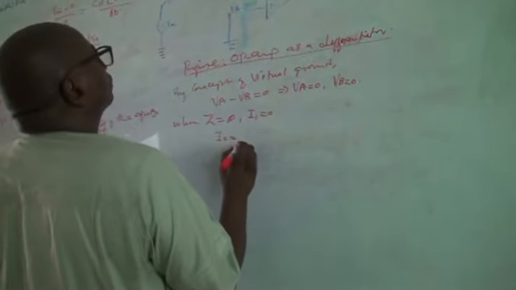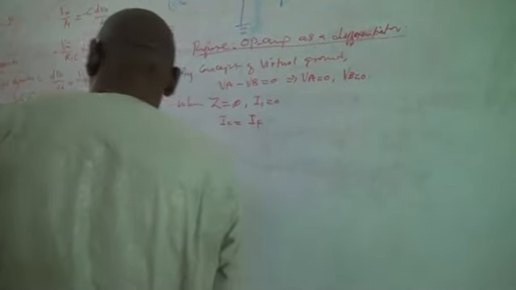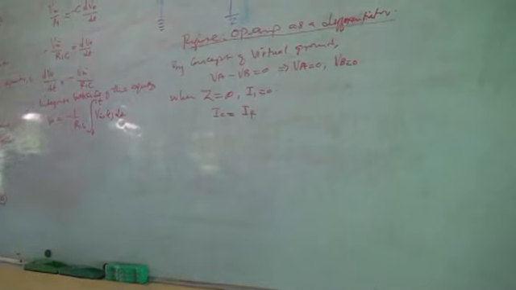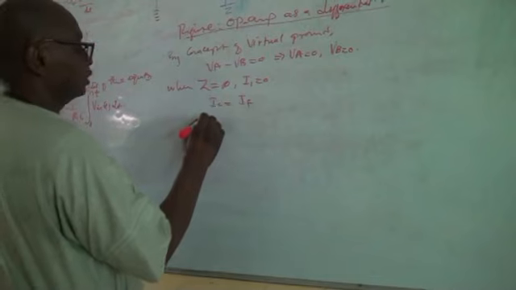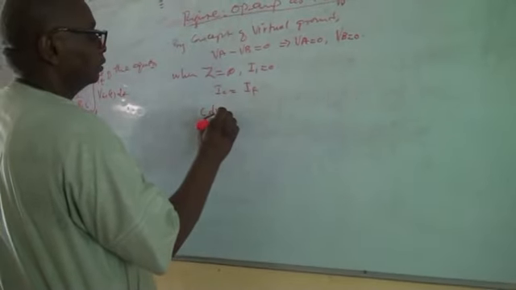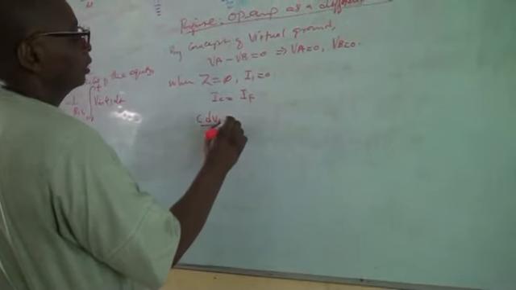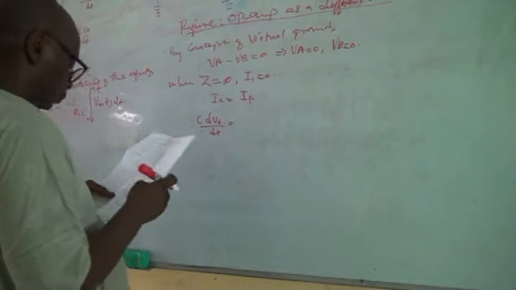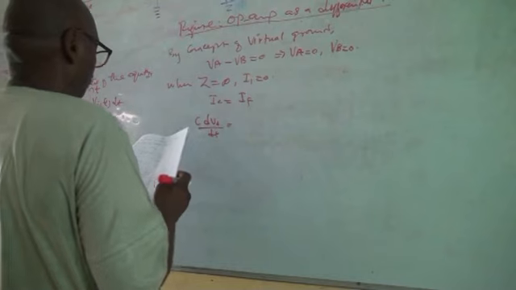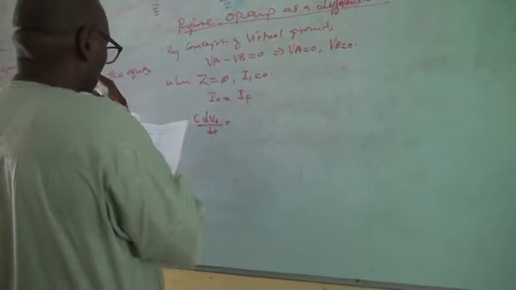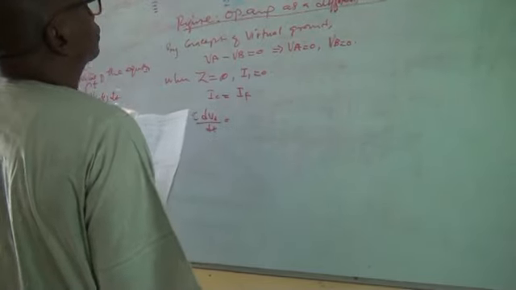So for this reason, we're going to have equations for IC and IF. The equation for IC here is going to be C dV over dt, equals to what?